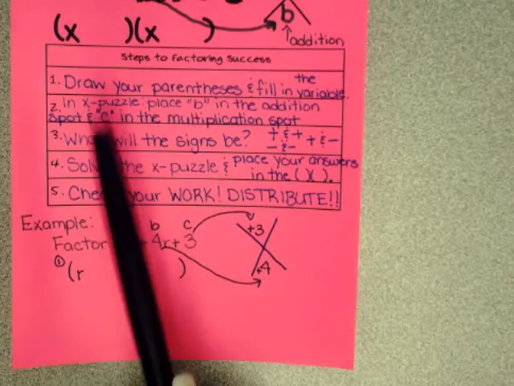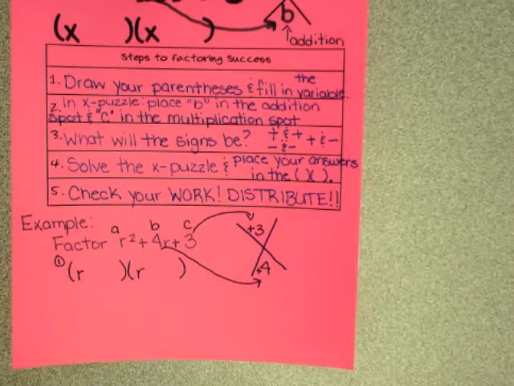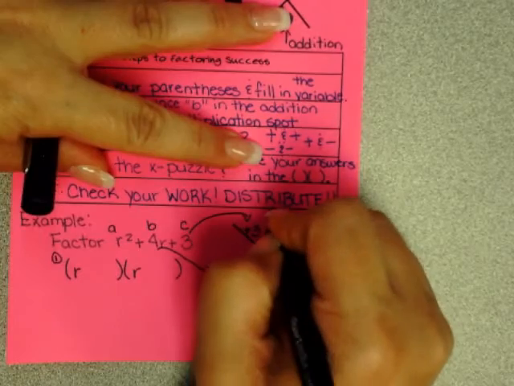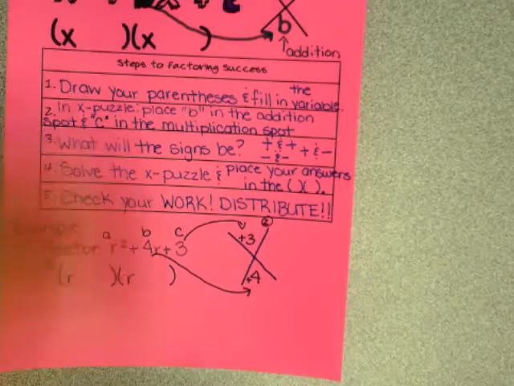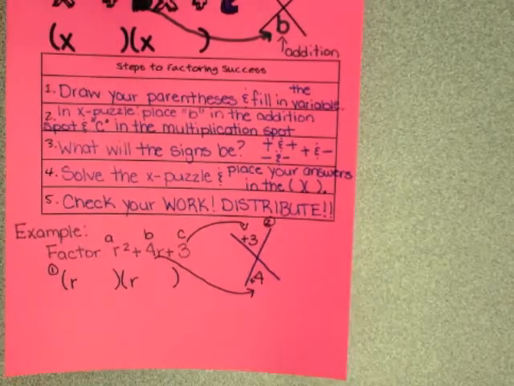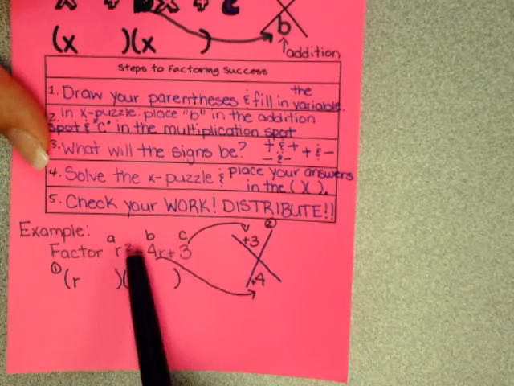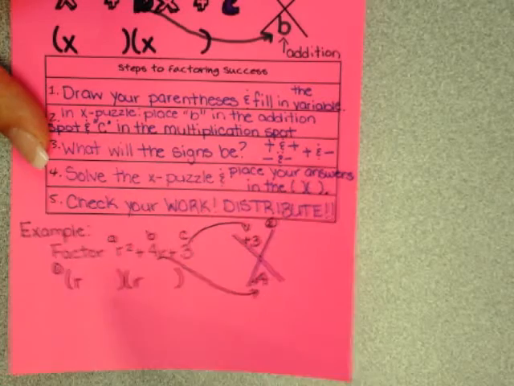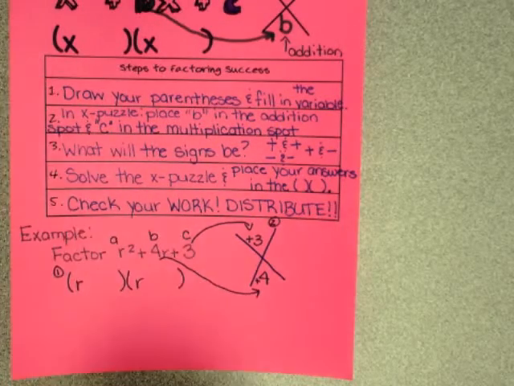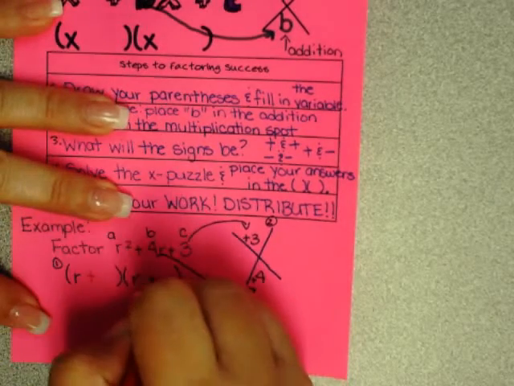So we did step 2. We write a little 2 by that so we know. Step 3, what will the signs be? They're both positive. Since they're both positive, the signs will be positive. So, positive, positive.